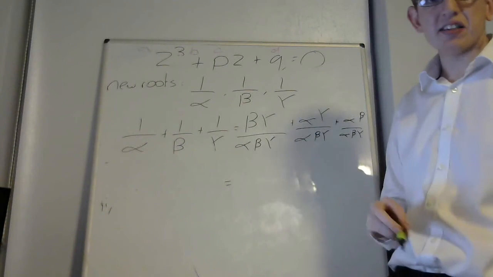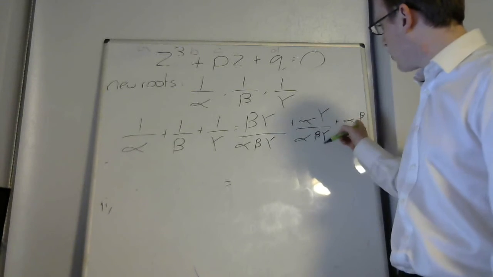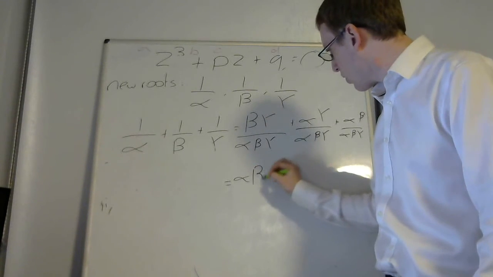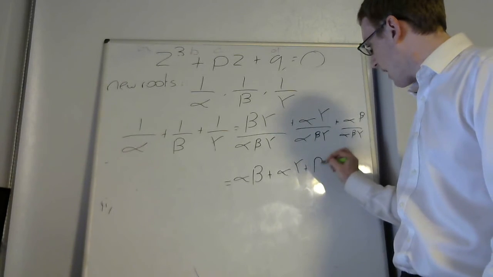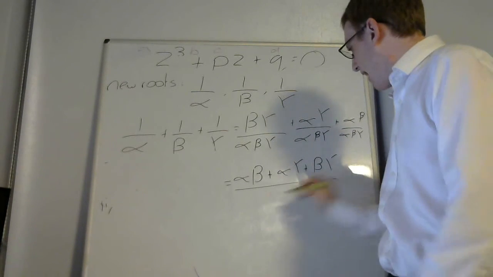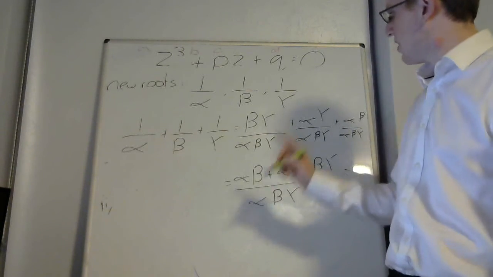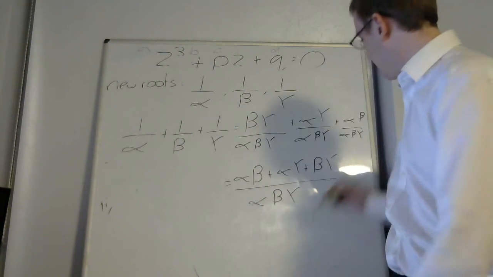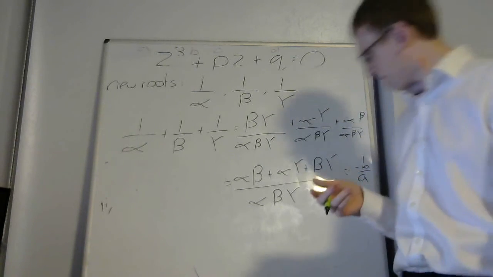And if I add those together, I'm going to swap around the order a little bit because that's going to help. We've got alpha beta plus alpha gamma plus beta gamma over alpha beta gamma. And what have I done? I've added all the roots together, so that equals minus b over a in our new equation.